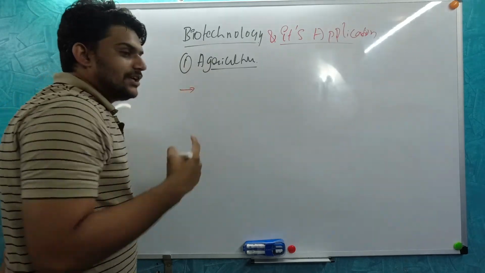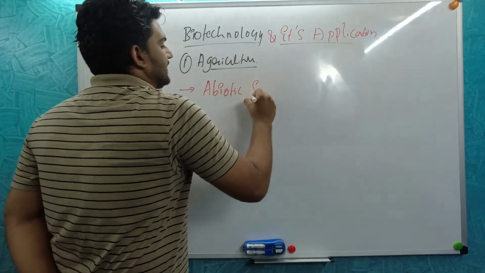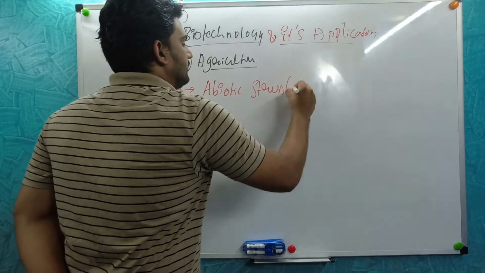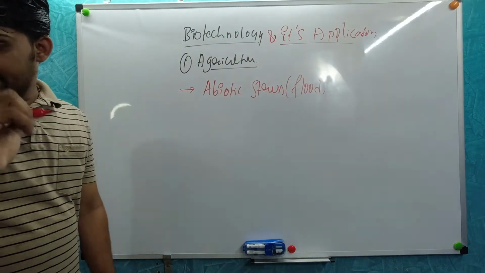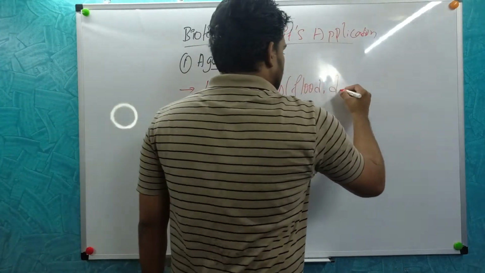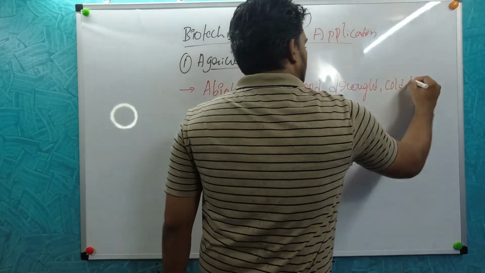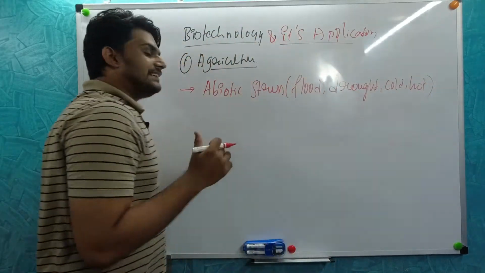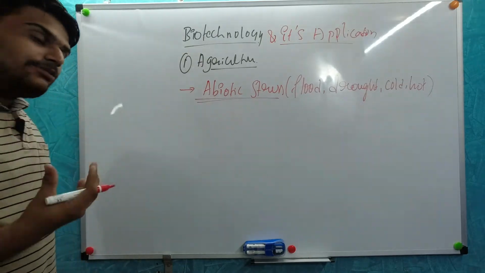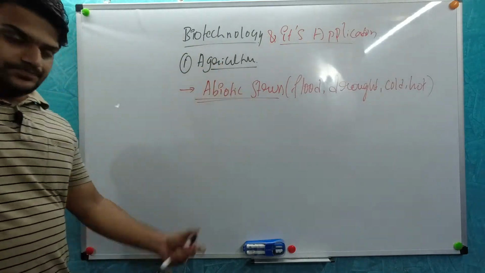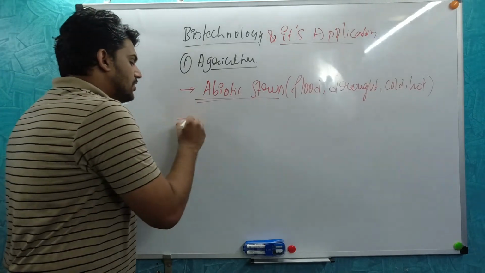If the plant can survive abiotic stress, for example flood, drought, cold, or heat, these types of weather conditions, then they have achieved this objective by using genetically modified organisms.